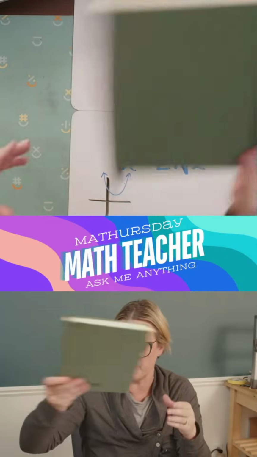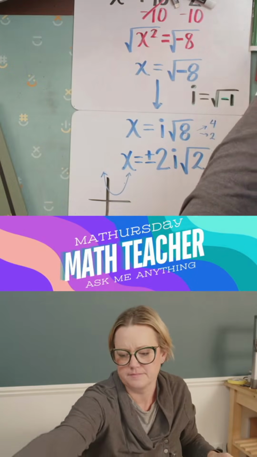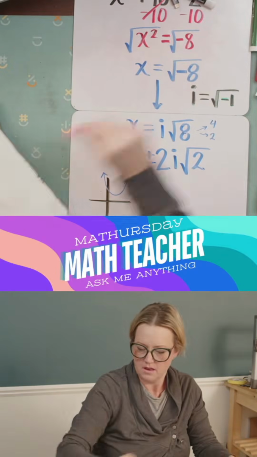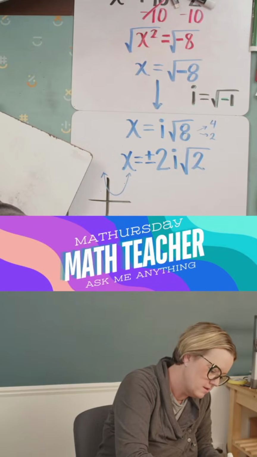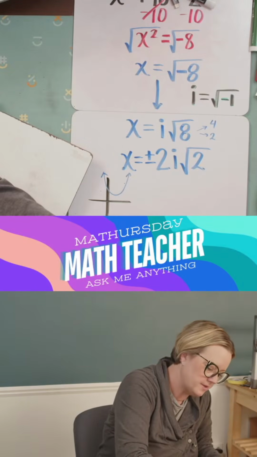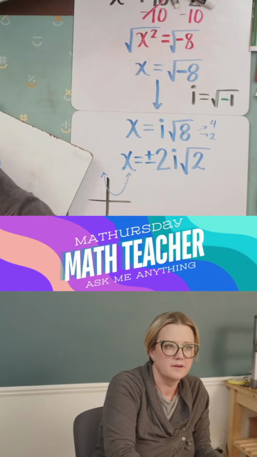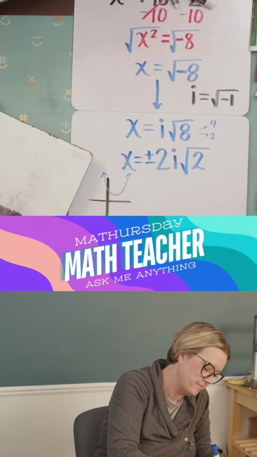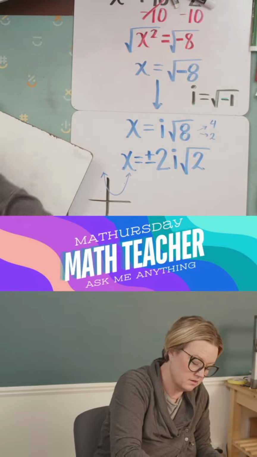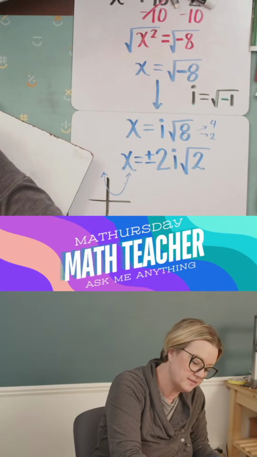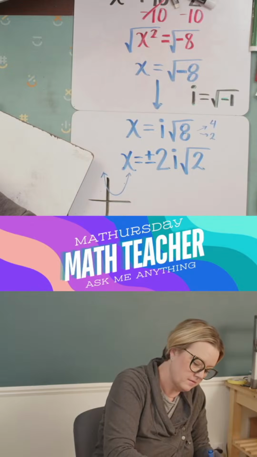Okay, I gotta start my list, guys. All right, so we're gonna do slope intercept. That's the y equals mx plus b. We'll do some polynomials. Operations and division. Long division.